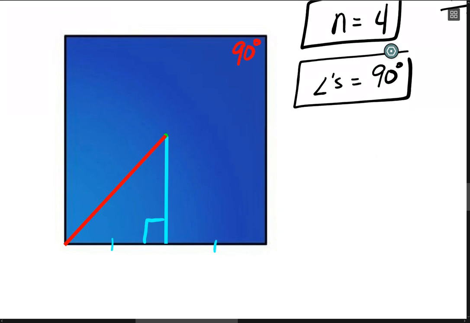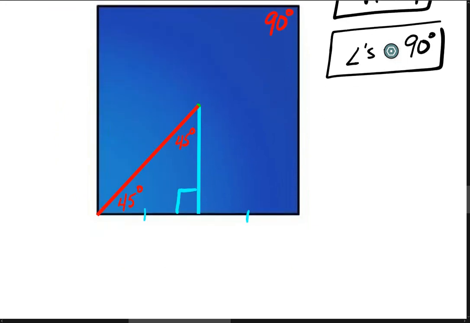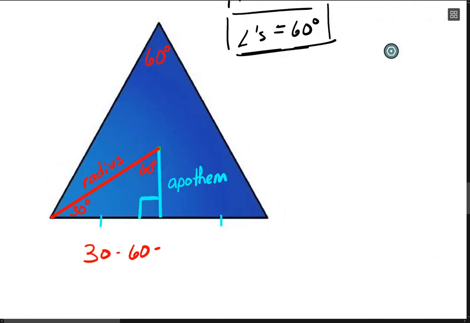So what does it make this then? That 45, and making this what? Well, looky there. What does a regular quadrilateral, what do the apothem and radius make there? What kind of triangle? 45, 45, 90, right? Here it made a what? 30, 60, what?